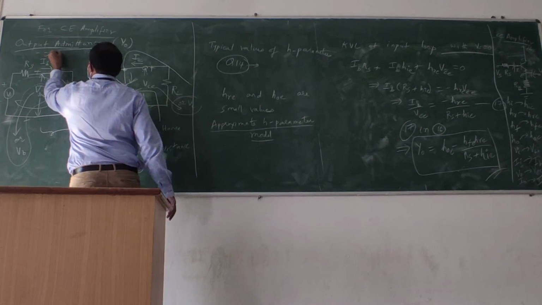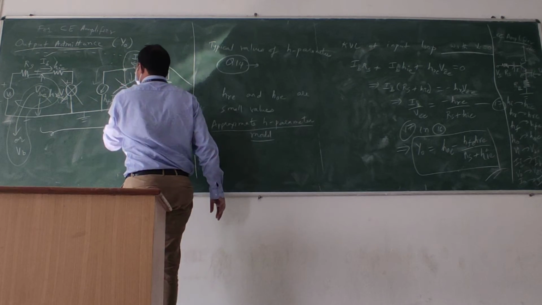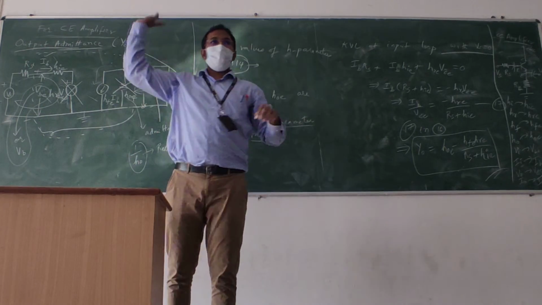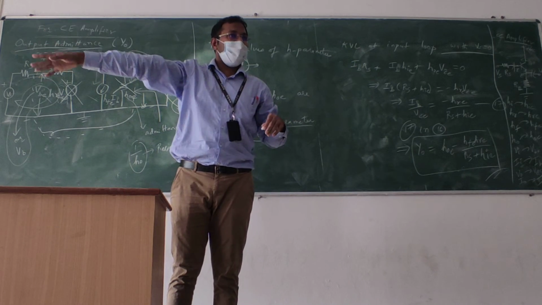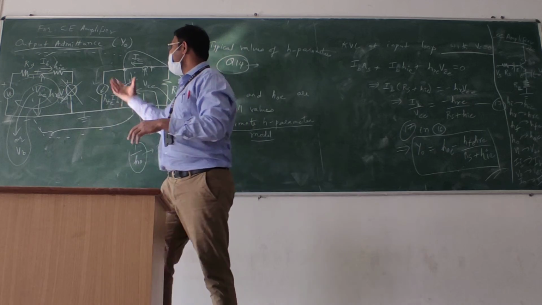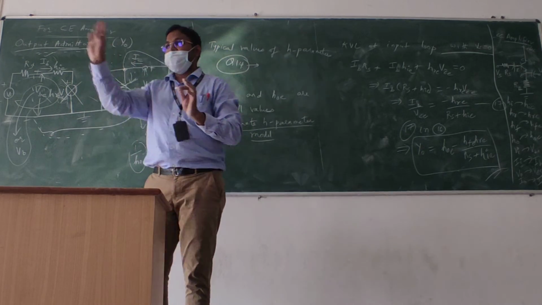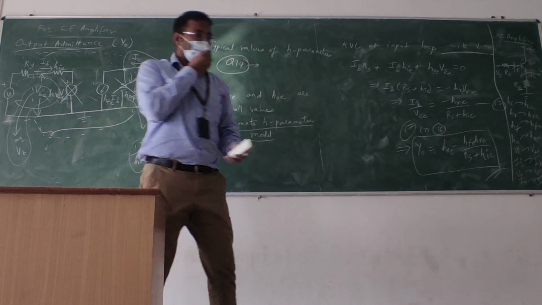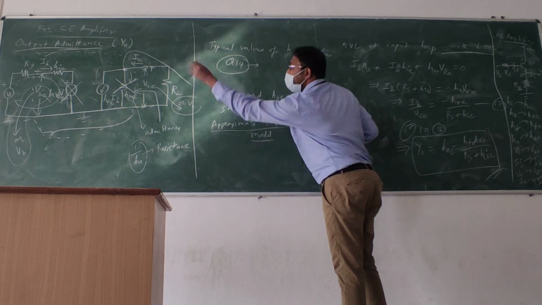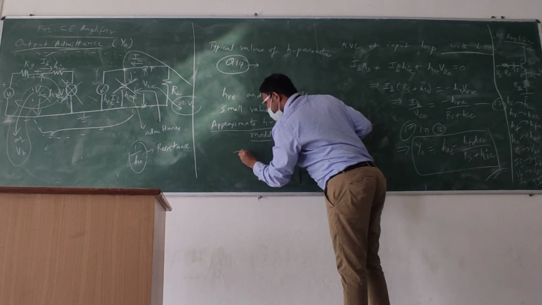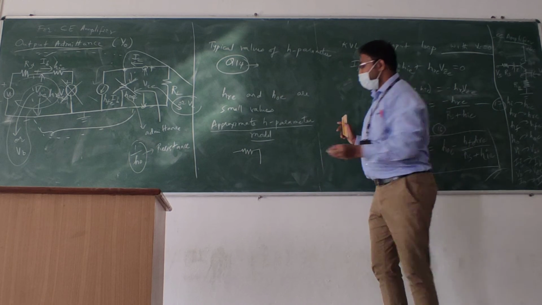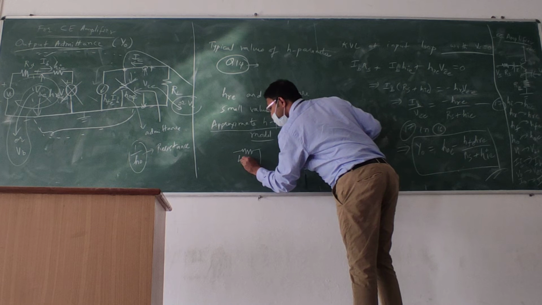Whatever is in the dotted lines, only that one I am now focusing on. Leave the source resistance RS, the source we are leaving, and RL we are leaving. We are only focusing on the hybrid model of the transistor. So it simply becomes only HIE you have. Then what else do you have?